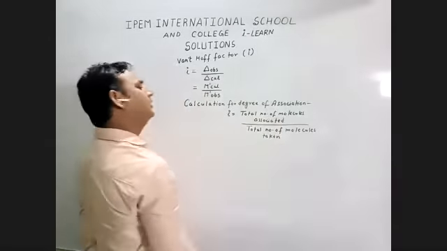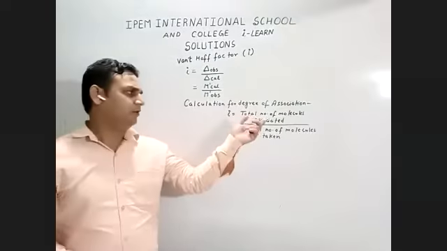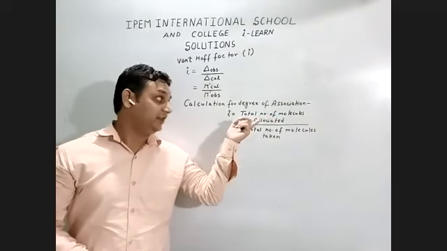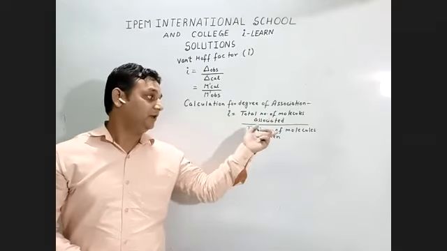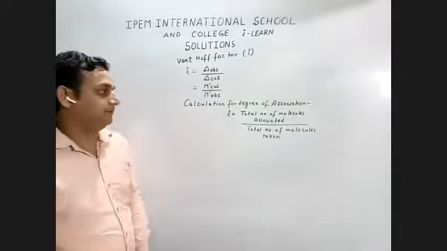You have to apply this formula. All right. i is the total number of molecules after association upon the total number of molecules taken.